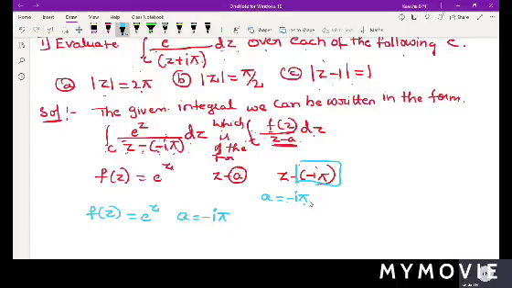Next we have to take the first condition.